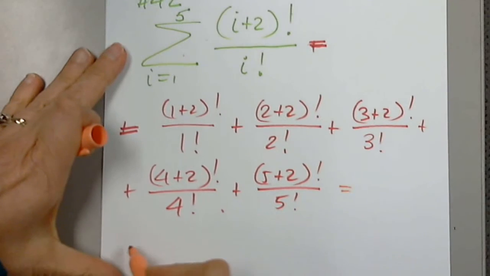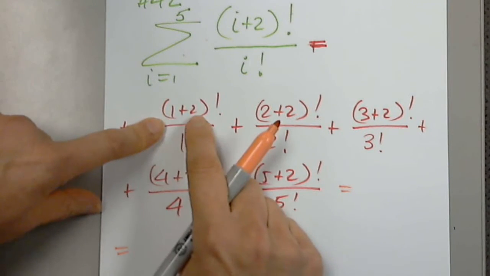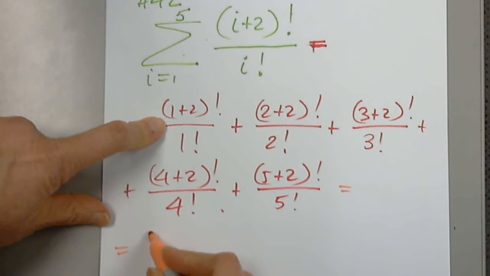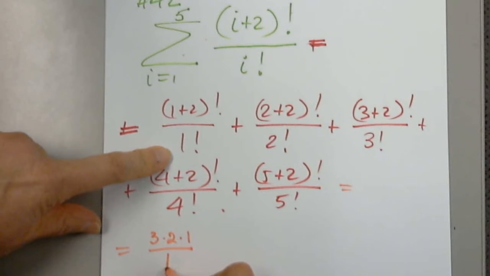Okay. 1 plus 2 is 3 factorial. 3 factorial is 3 times 2 times 1. And 1 factorial is 1.